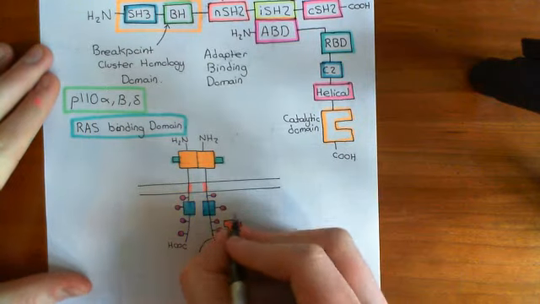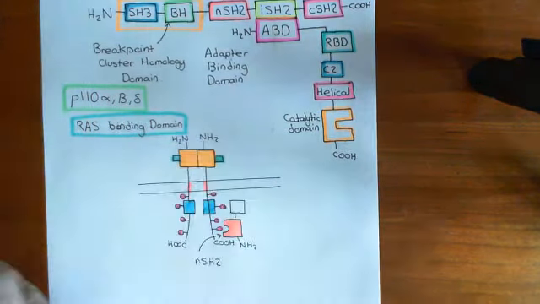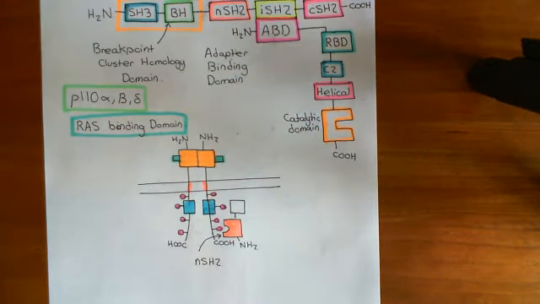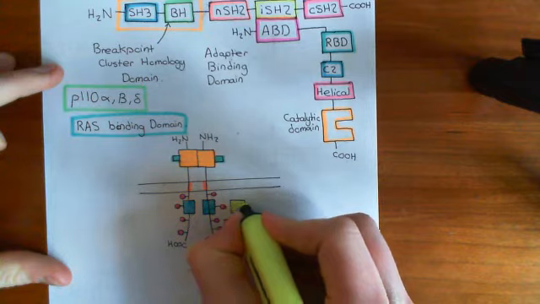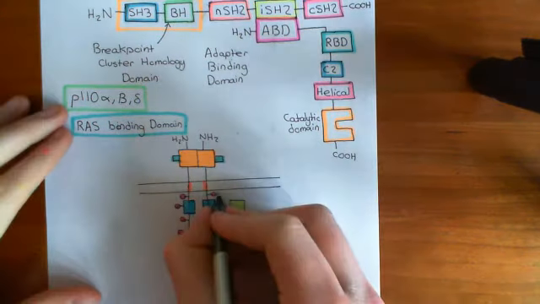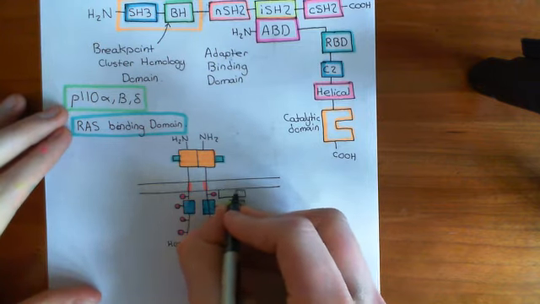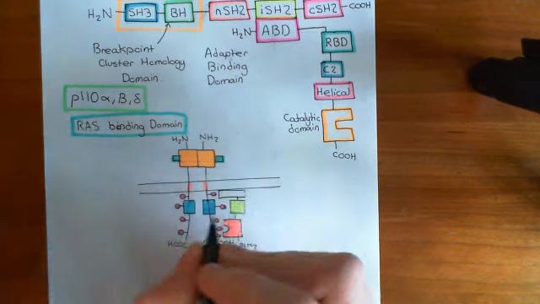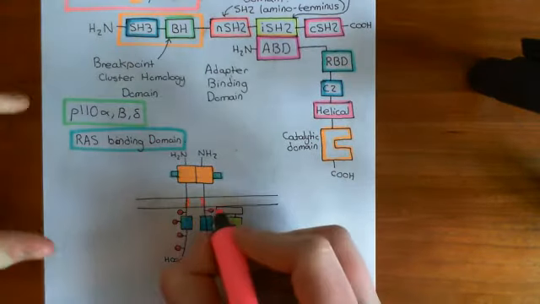Then we've got this inter-SH2 domain here, which I'll colour in yellow. That's not binding to phosphotyrosine residues, so don't think that that's an SH2 domain, it's the inter-SH2 domain, remember. And now we've got the C-SH2 domain, which will be binding to a phosphotyrosine residue over there. We've previously shown that in pink, so we'll do that again.